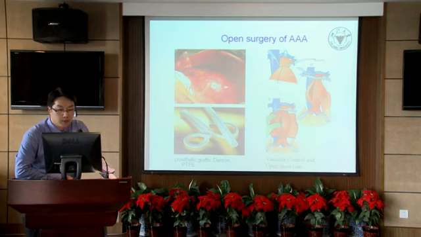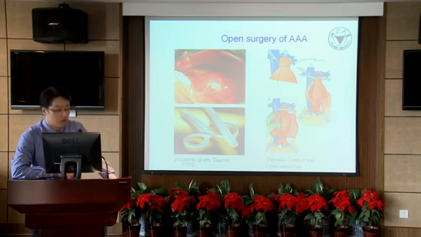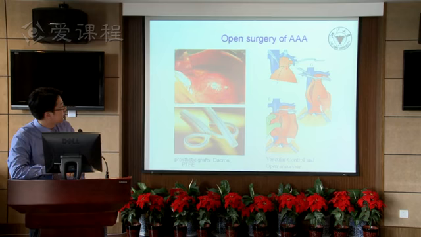And this is the open surgery of AAA. This is the aneurysm. This is the prosthetic graft. And at first we clamp the neck of the aneurysm and both iliac arteries, then open the aneurysm.